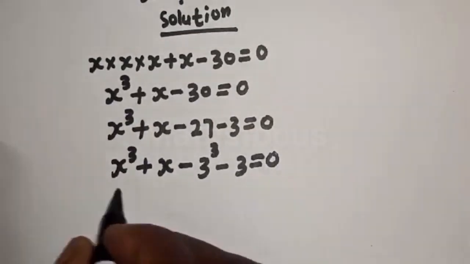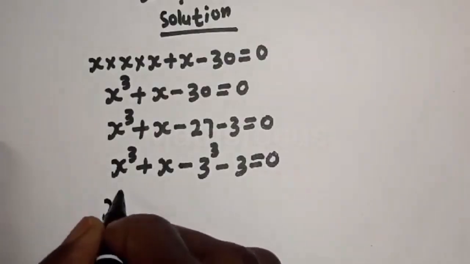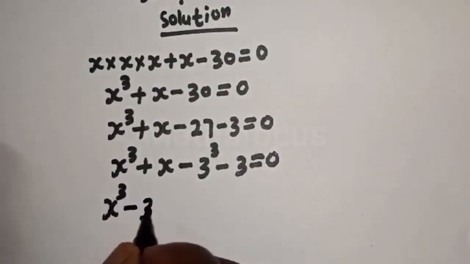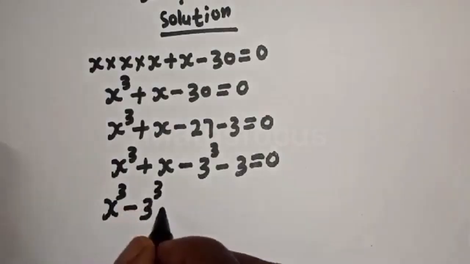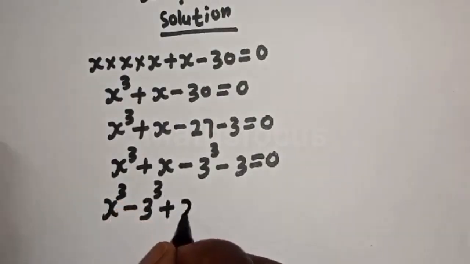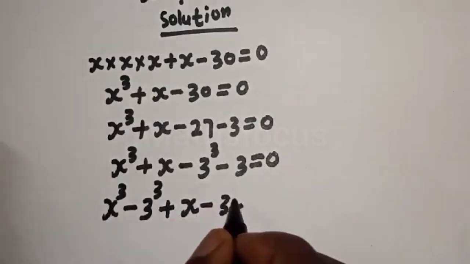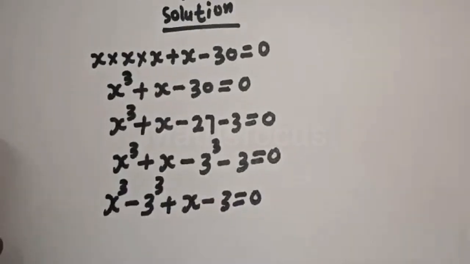Then this can be written as s raised to power 3 minus 3 raised to power 3 plus s minus 3 is equal to 0.